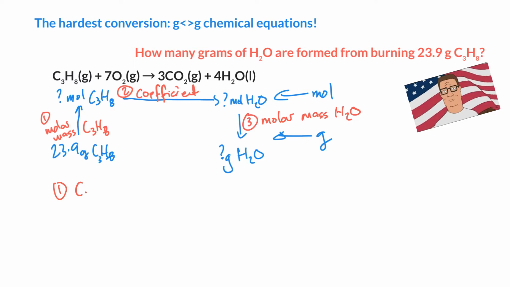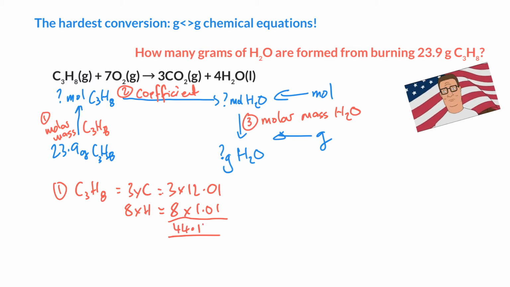So C3H8 is made of 3 C's and 8 H's. If you use your periodic table an awful lot, you probably remember carbon is 12.01, and hydrogen is 1.01. And if we add that up, we get 44.11.